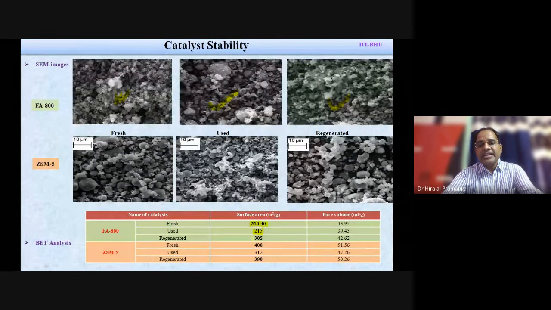Then the regenerated and fresh are almost the same, 310 and 305, because you cannot remove all the blocked sites by simple combustion. So that's why there is a very minute change between fresh and regenerated. Similarly, for ZSM5, the fresh one is 400 and the regenerated one is 390.